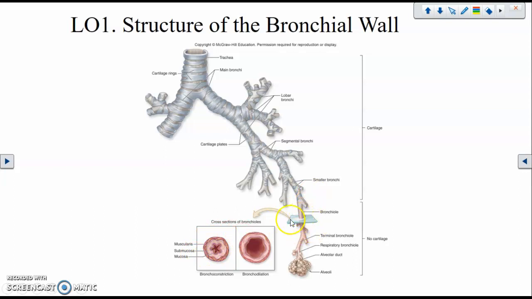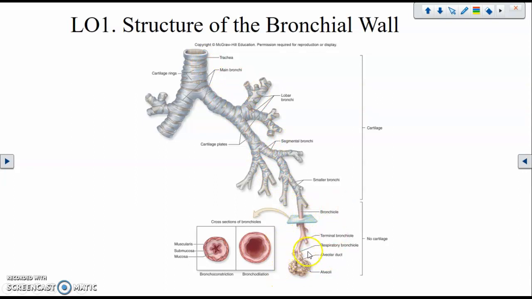You take a whiff of your inhaler, and the bronchioles get dilated: bronchodilation. You cannot constrict and dilate to large extents the parts of the respiratory tree that have cartilage enclosing them. This is the only place that you can actually affect.